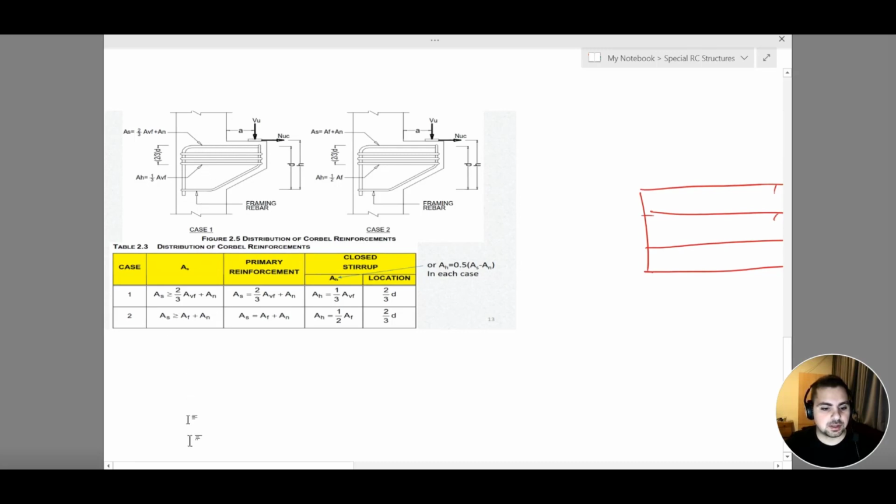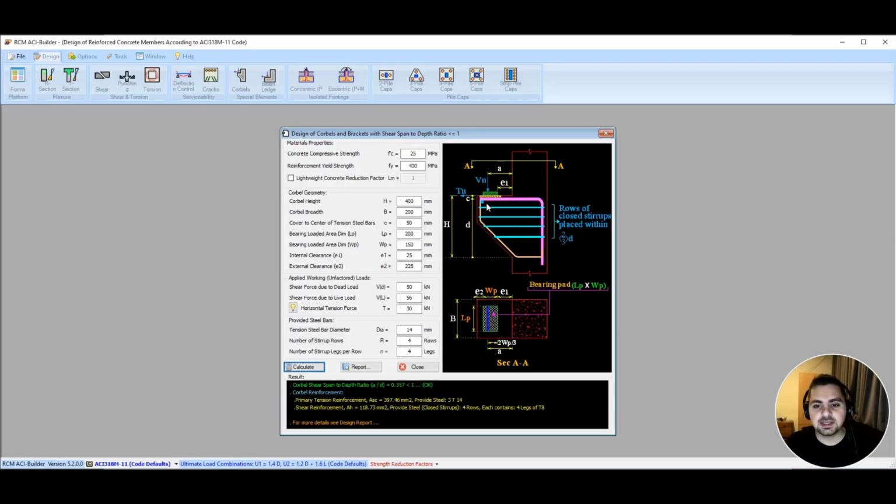Now pay attention to one thing. If you go back here, we can see that this is my main reinforcement. So this is the reinforcement that is being used to resist tension. However, here, I do not really need this reinforcement, but why am I placing it? So this reinforcement is being placed basically as a connector for my shear stirrups.